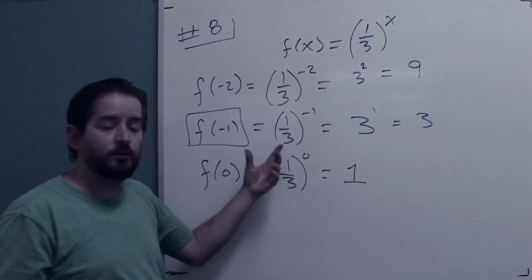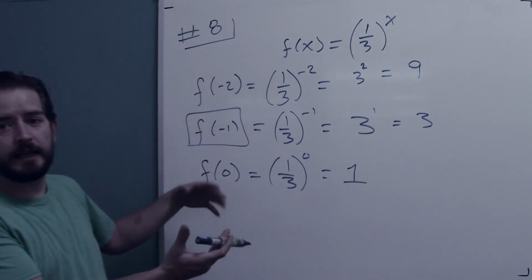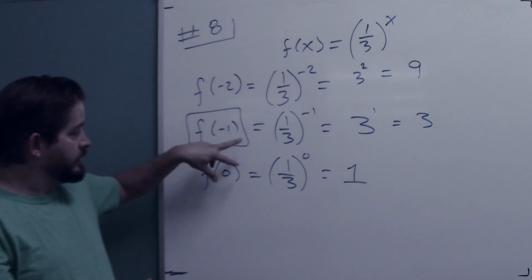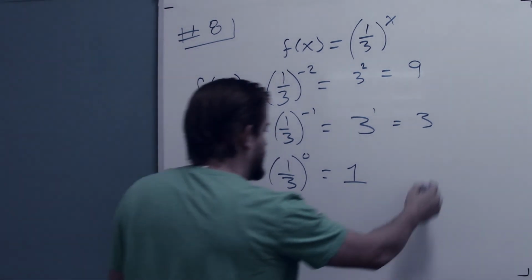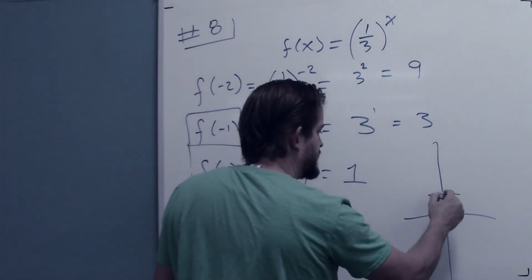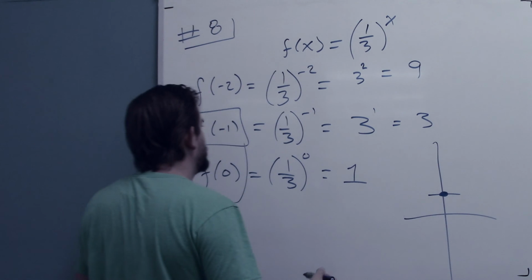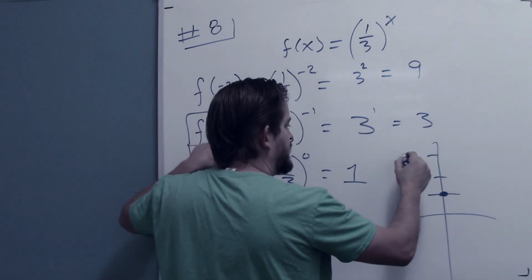Those are the only two that I really need. You can do the rest, you have to do the rest because it asks you to, but these two right here are going to help me decide which graph below, because if x is 0, y is 1, that's that guy right there, my pivotal point, and then I have -1 and 3, and so I have that.